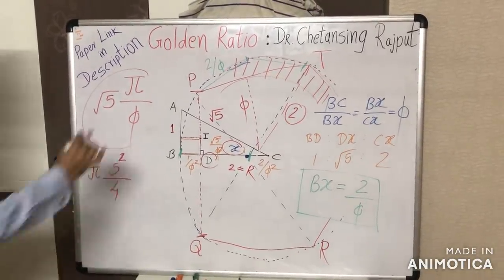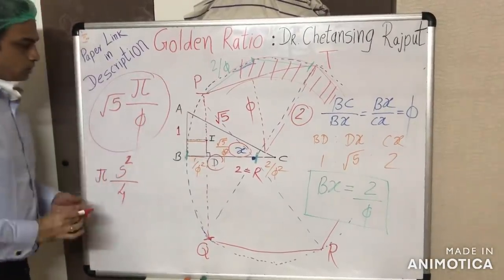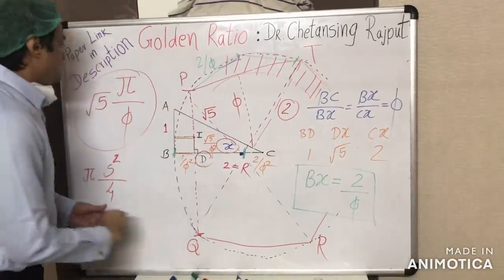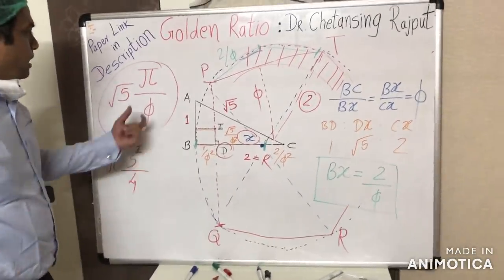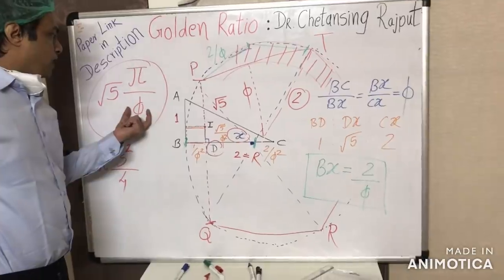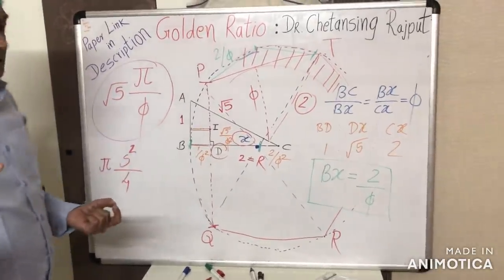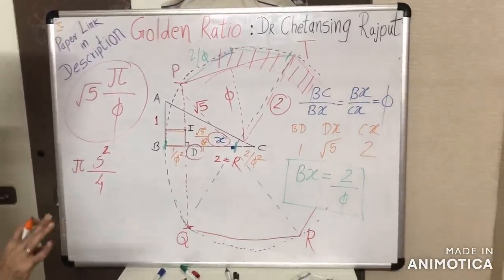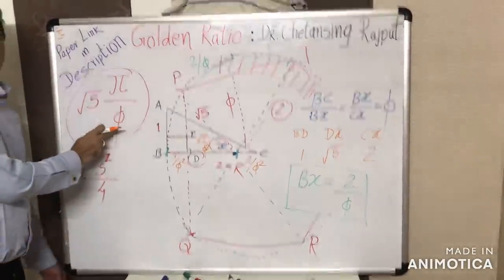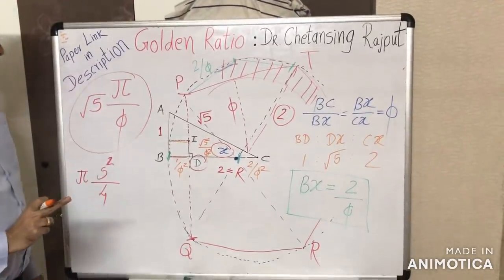Alright, now see this formula. It's an interesting formula because this pi is a transcendental number, and the golden ratio phi is an algebraic number. It is the solution to the quadratic equation x square minus x minus 1 equals 0, and it is the most irrational number of all irrational numbers.